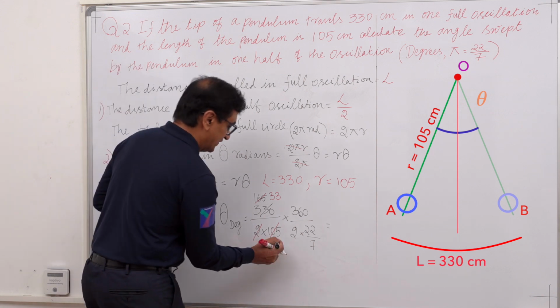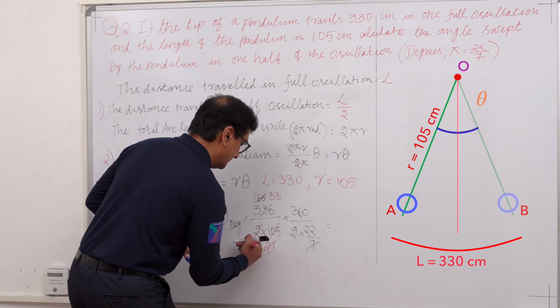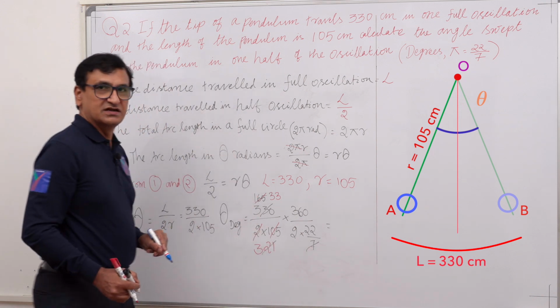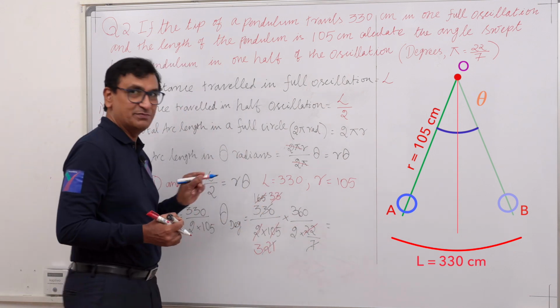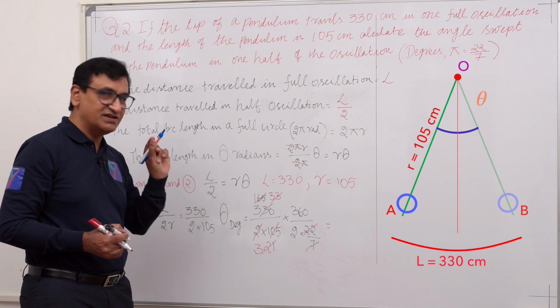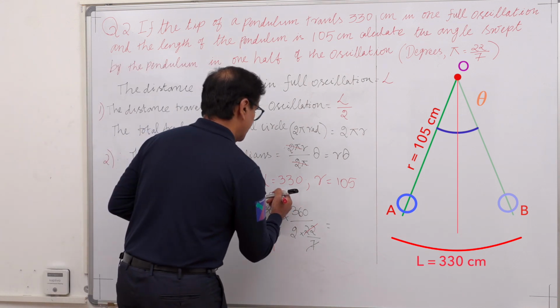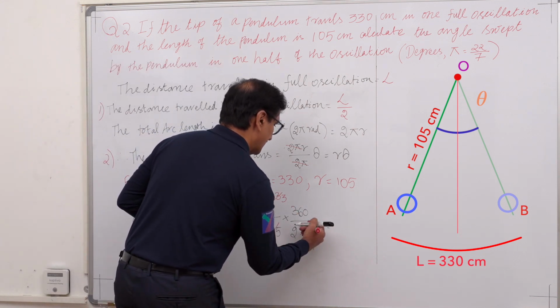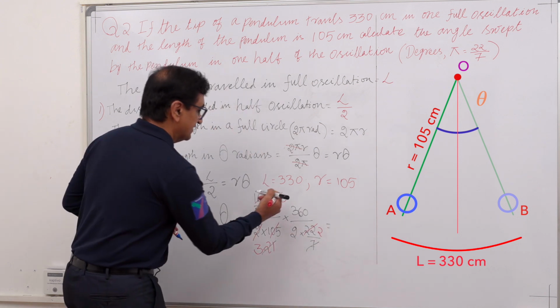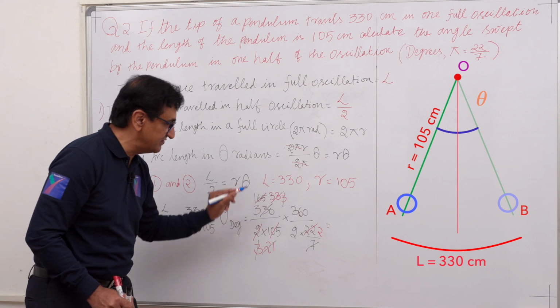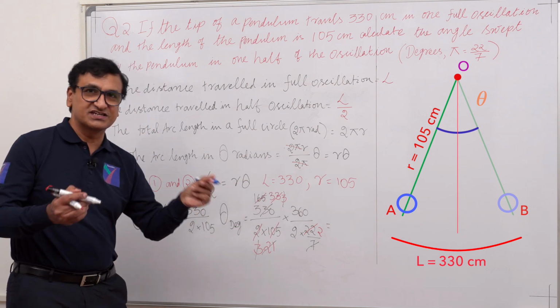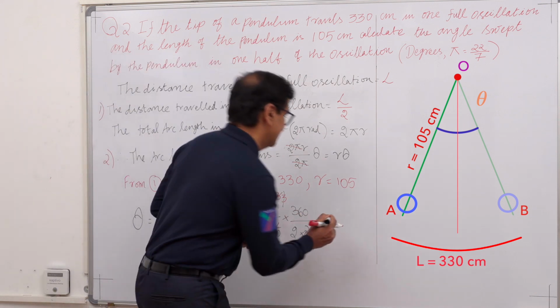Now you have this 21 and 7, so this will be 3. Then we have this 22, 33. You have to divide by 11. So you get 3 divided by 2. So you have 3, you have 2 here. Then this 3 and this 3 will get cancelled. So you have 360 divided by 4. 360 divided by 4 is 90.